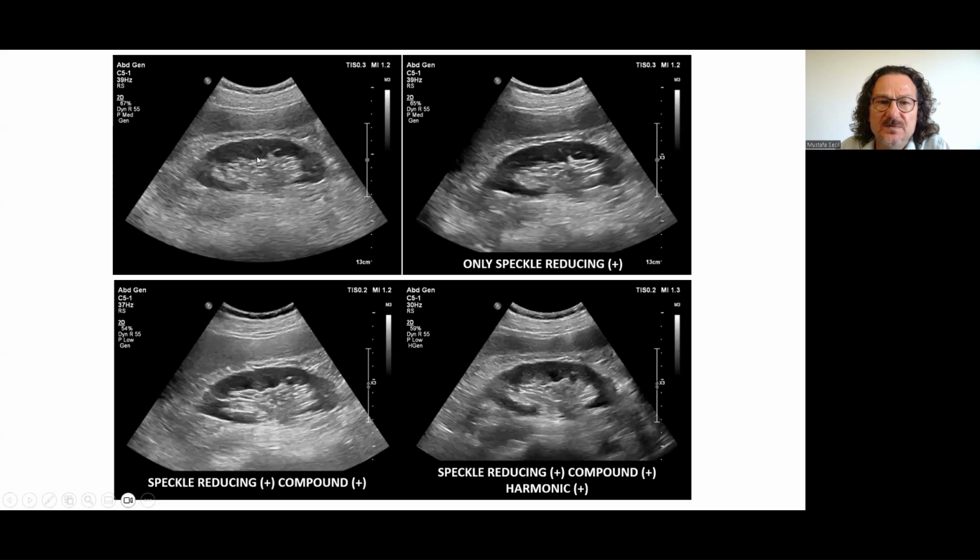This is another example. This is a nude image. There's only speckle reducing, speckle plus compound, speckle, compound, and harmonic all are on, and this is the best image when compared with the others.